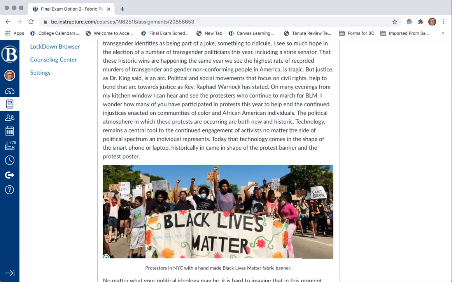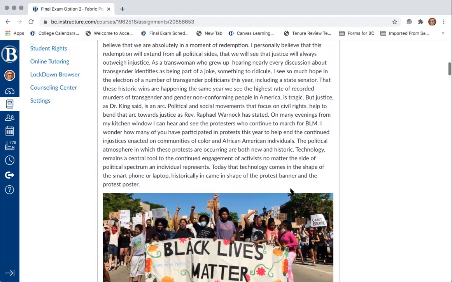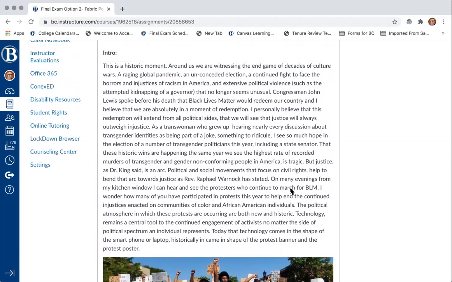One of the things we think about with banners in particular are social justice and civil rights movements. So that you can understand where I'm coming from when you read this, I just don't see how we can bear witness to this extremely historic moment and not have an opinion to vocalize.